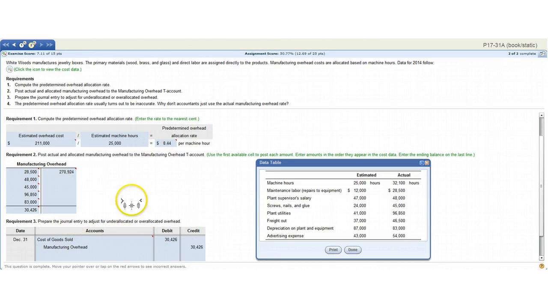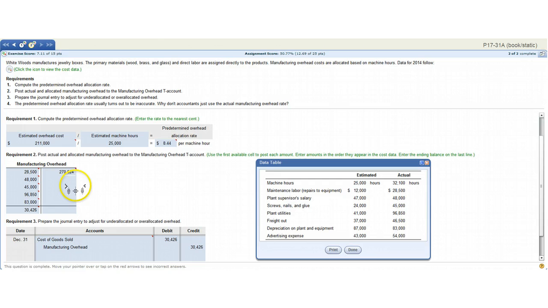So we put all of those in, we total them up, and actually the debit side here equals $301,350. So debit of $301,350, credit of $270,924 leaves us a debit balance of $30,426. What this means is we under applied overhead.